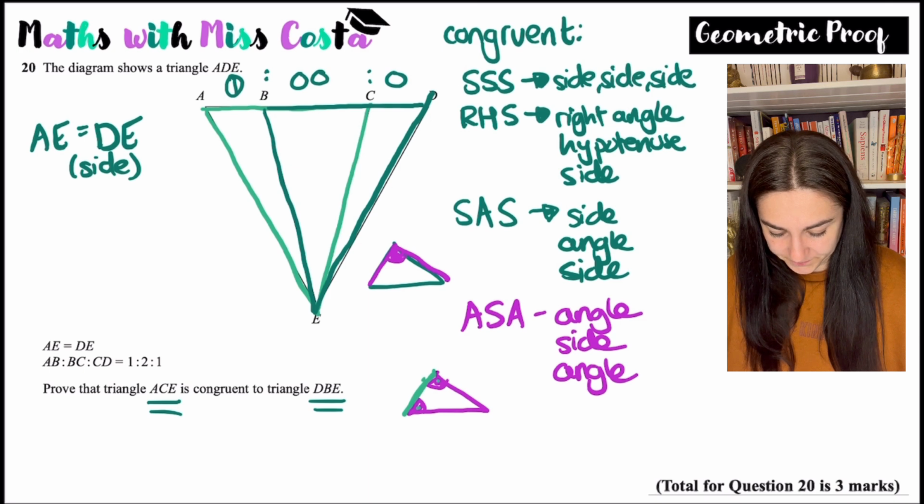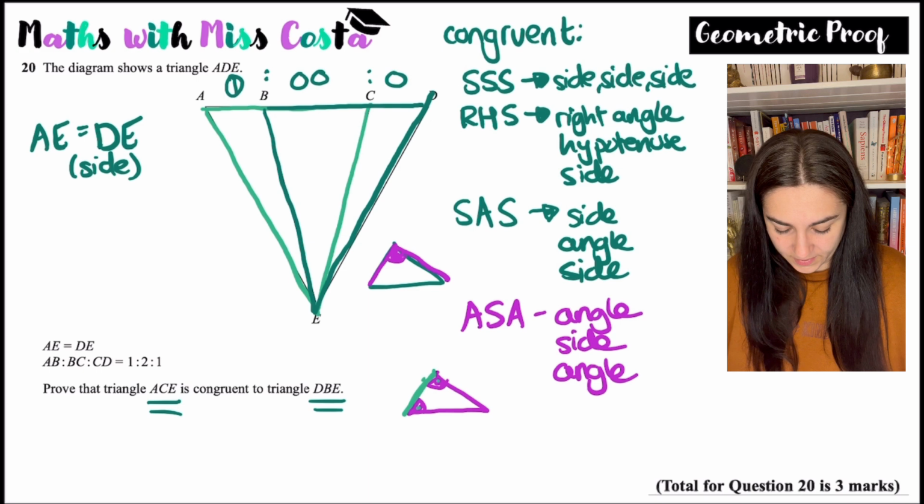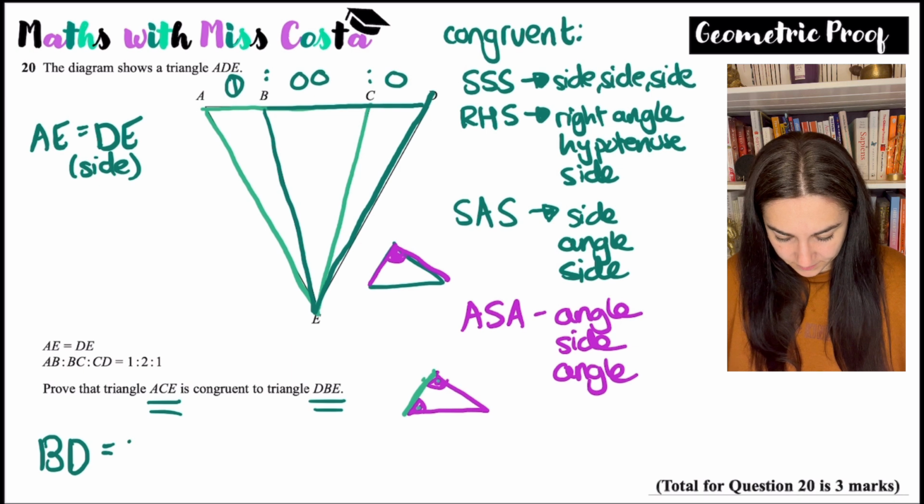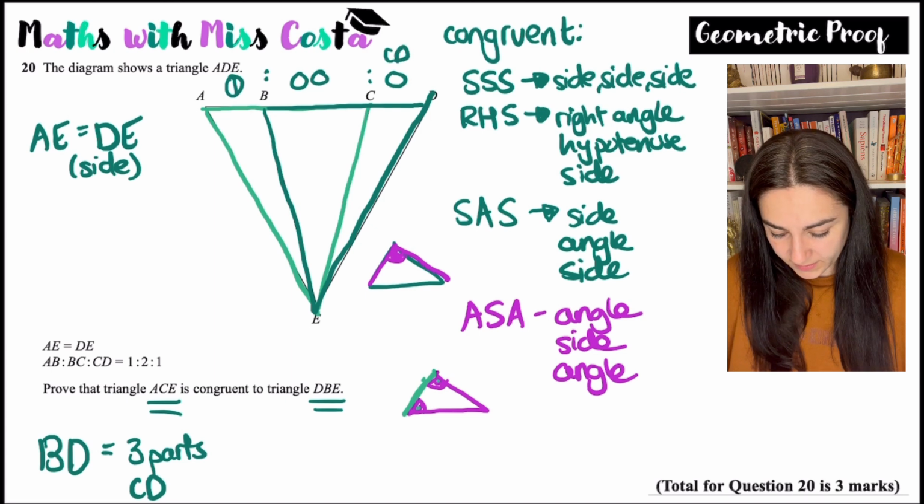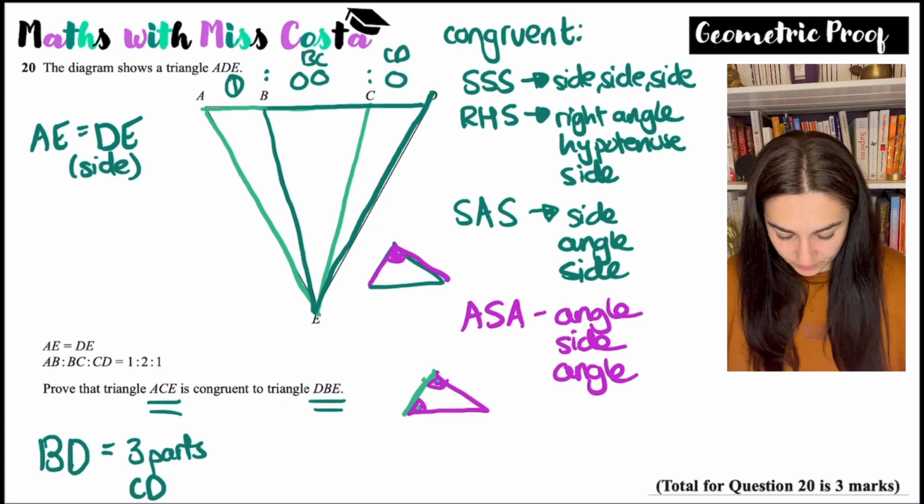So I know that that line BD equals 3 parts, or you could express it as CD is worth 1 part and BC is worth 2 parts.